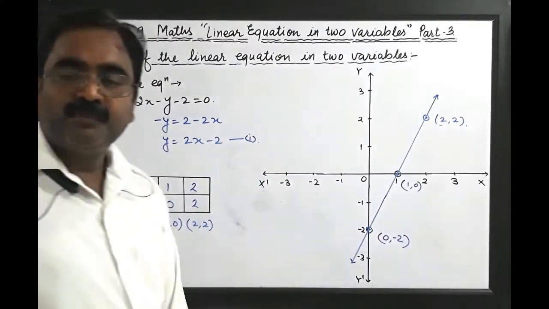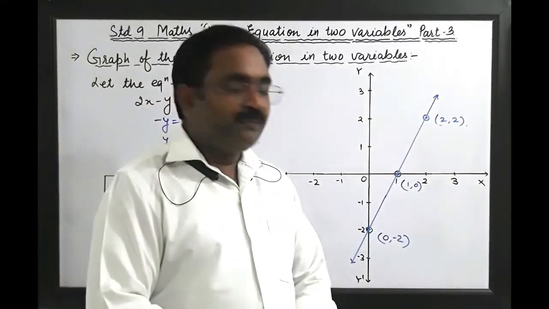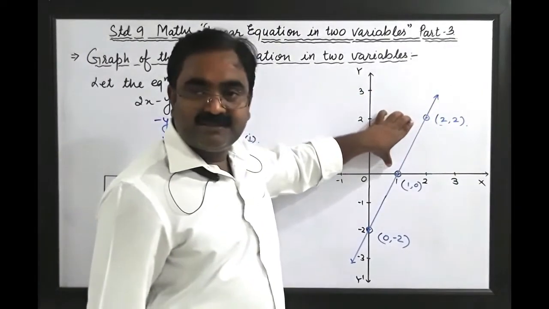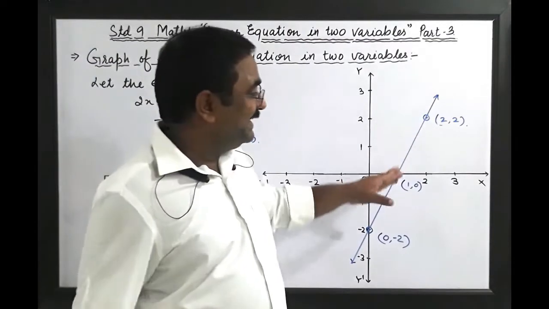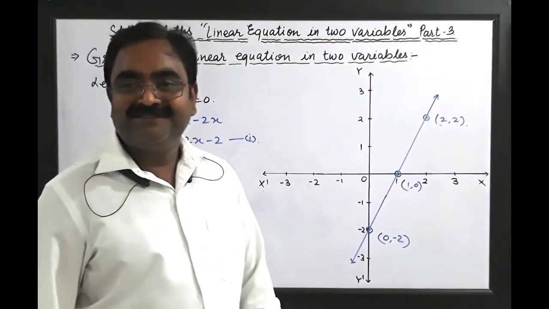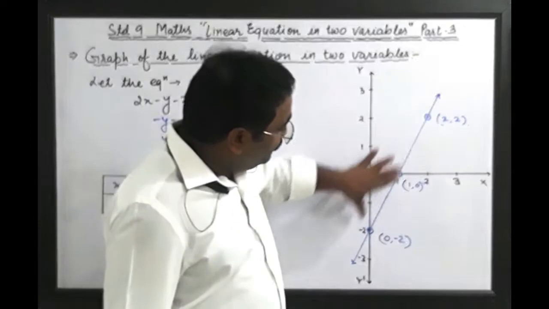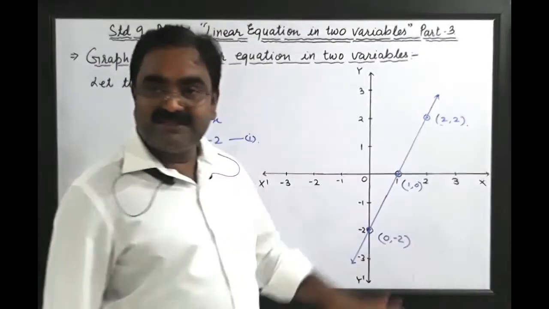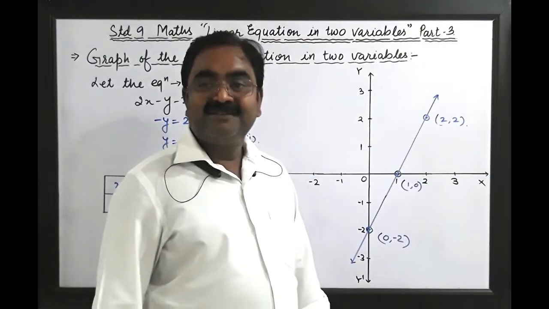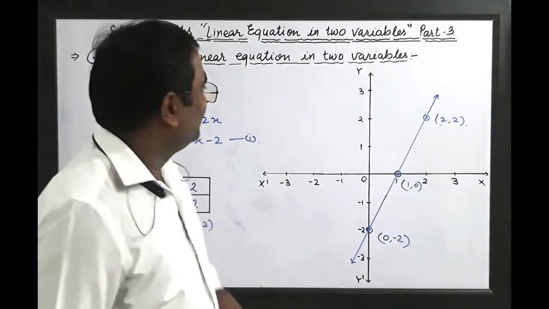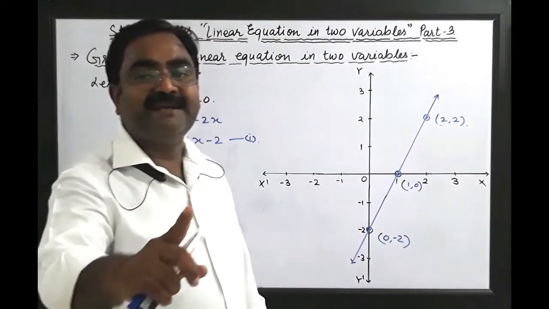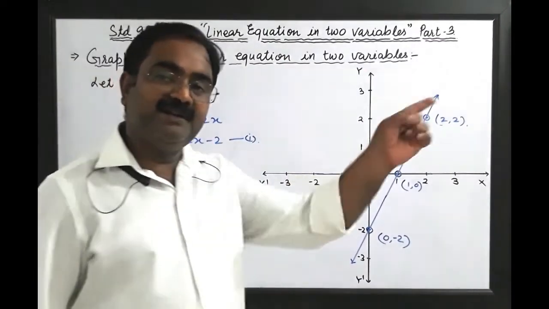Okay children? When you draw this line from 2 points, you will see that this line automatically passes through the third point. It means these 3 points lie on this line, and therefore there are so many points lying on it. So it is also clear that a linear equation in 2 variables has infinitely many solutions, as we read in our last video.